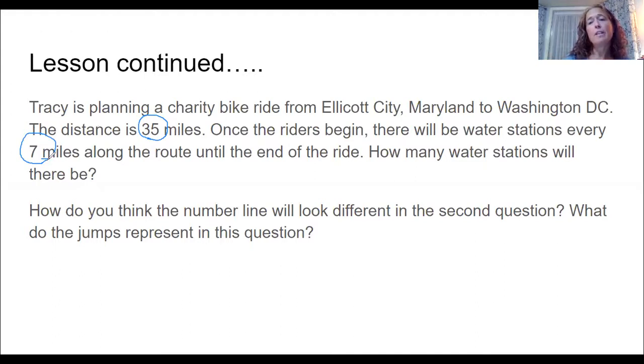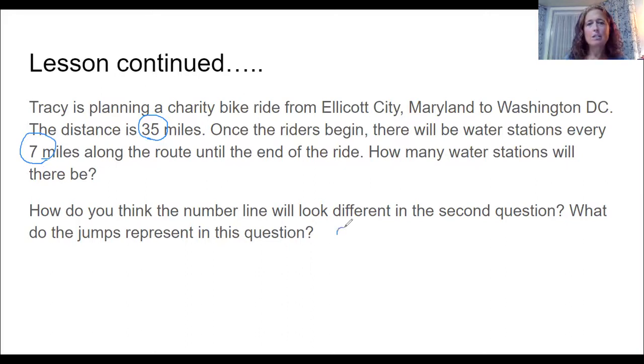Okay, so in this one, we know the total amount of miles and we know the number in each group because that 7 miles is the jumping. We do not know the number of groups, the number of times she stopped. So how will this number line look different than the first one? Okay, so let's look at our equation first.